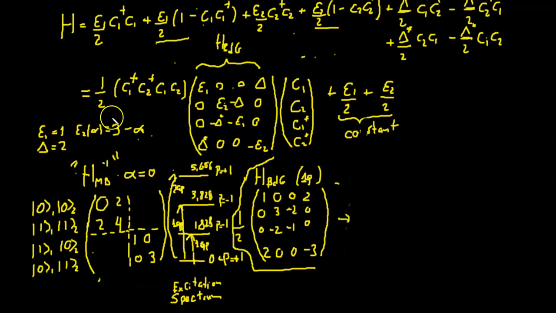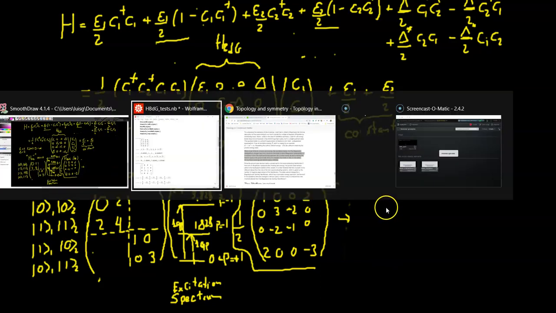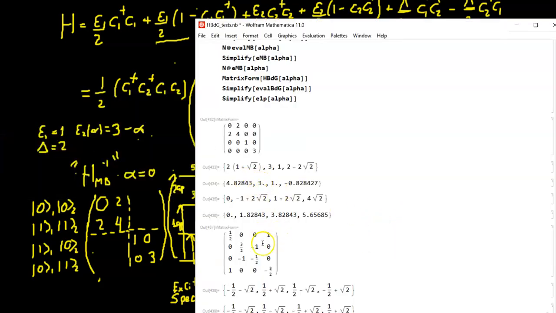What do we get? Let's put in a different color here. Let's put it in magenta, for instance. Now, if I calculate the eigenvalues of the Bogoliubov-de Gennes, I have something like that. So let's put the numbers here.